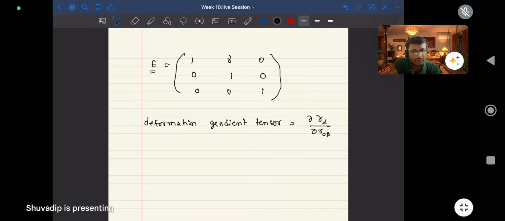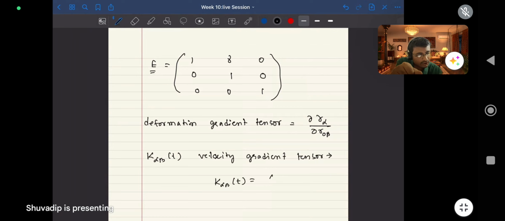Similarly, one more quantity can be defined in case of velocity, that is defined as K alpha beta of t, which is named the velocity gradient tensor, which is K alpha beta t equal to del v alpha del r beta.